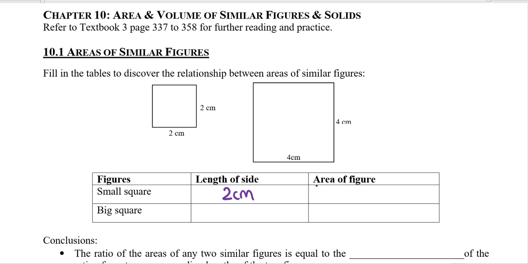So the area of the figure is 2 times 2, and therefore it is 4 cm squared. Now if you look at the big square, each side is 4 cm, and therefore the area of the figure is 4 times 4, which is 16 cm squared.